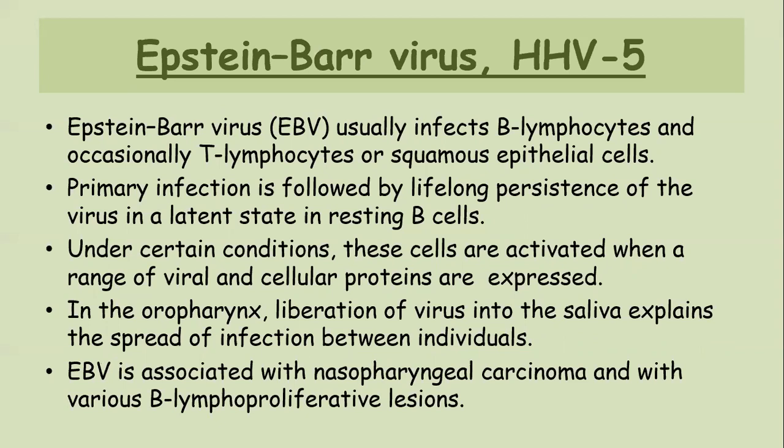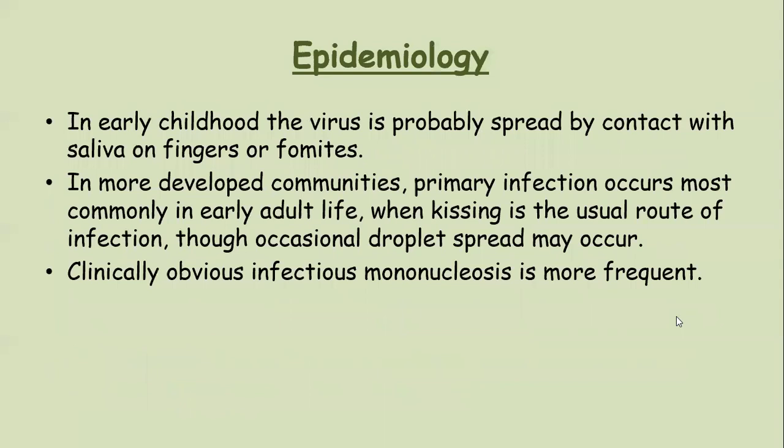Under certain circumstances, these cells are activated when a range of viral and cellular proteins are expressed. In the oropharynx, liberation of virus into saliva explains the spread of infection between individuals. Epstein-Barr virus is associated with nasopharyngeal carcinoma and with various B lymphoproliferative lesions.